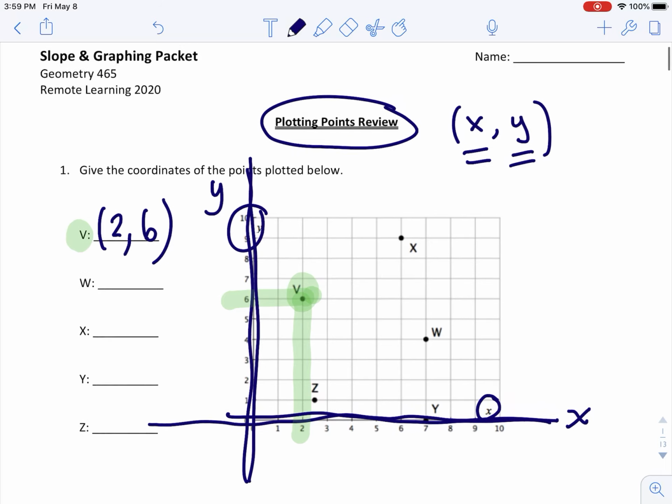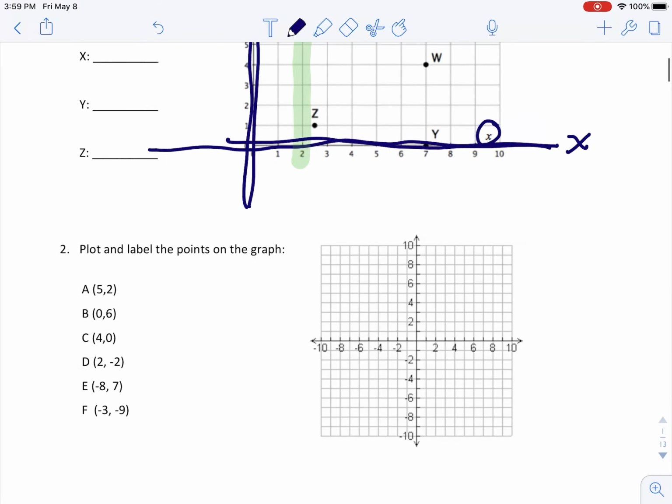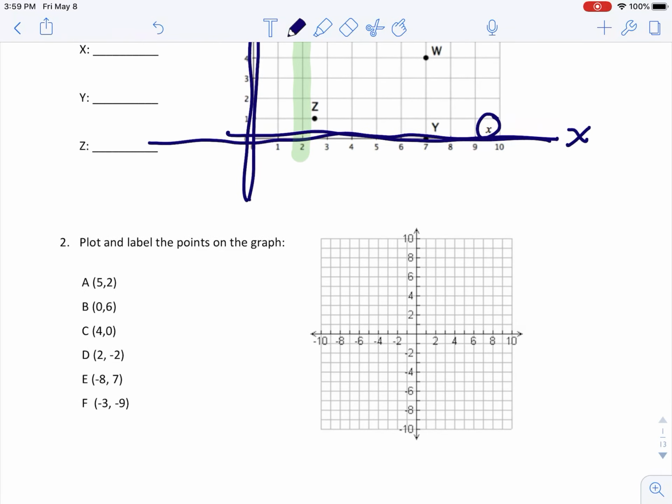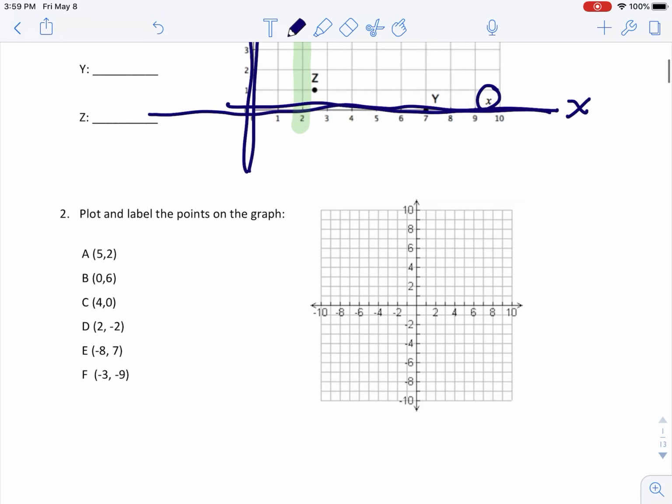You guys should be able to finish question number 1. You should also be able to do question number 2, okay, with no problem. The important part here, it says plot and label. So I'll do the first one for you. Point A is at 5, 2. So remember, I always do x first, so that's 5. So I go over here to 5, and then my y is second, and that's up at 2.